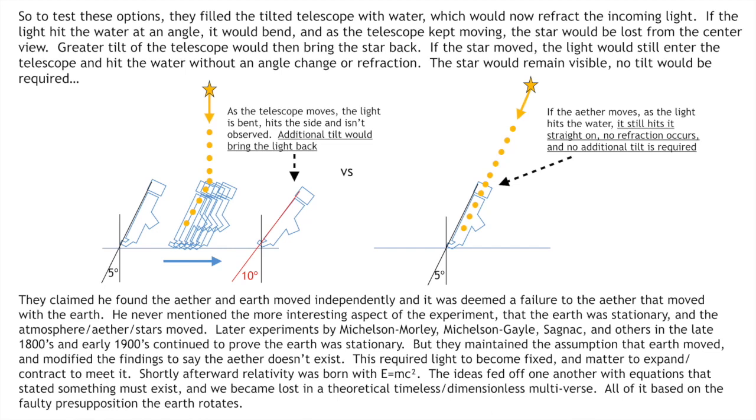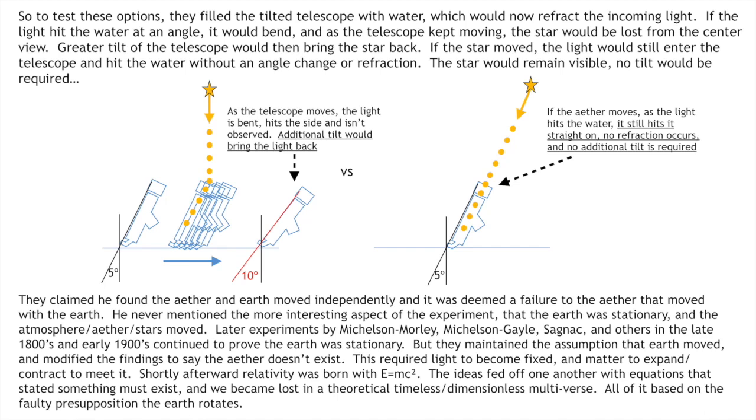So conversely, if the ether and Earth moved dependently in unison, greater tilt would allow you to see the object in its entirety again. So what he found was that the ether and the Earth moved independently from one another.